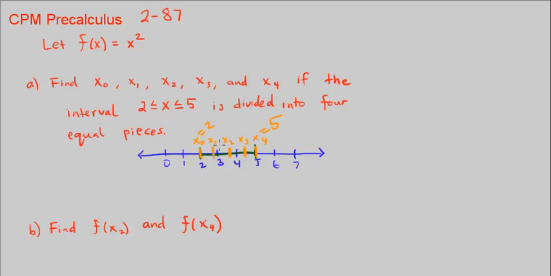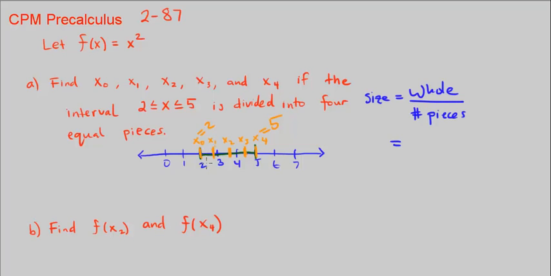So how do I know x sub 1, x sub 2, x sub 3? Basically I'm going to look at the whole and divide it by how many pieces I want. So the size of each piece is equal to the whole divided by the number of pieces.